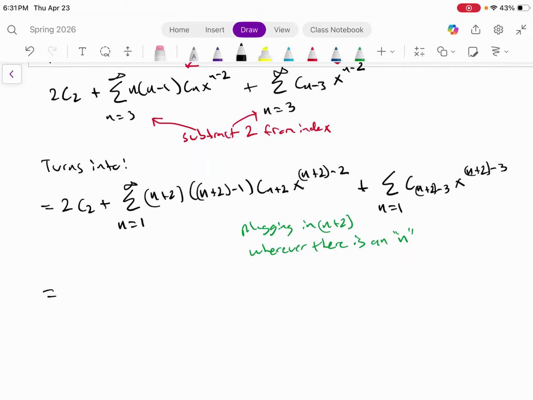So if I simplify, this would be 2c2 plus the series n equals 1 to infinity, n plus 2 times n plus 1, c sub n plus 2, x to the n, because the 2 and the 2 would cancel out.